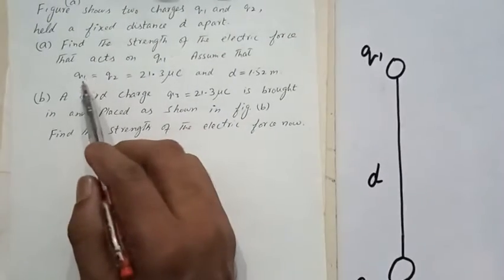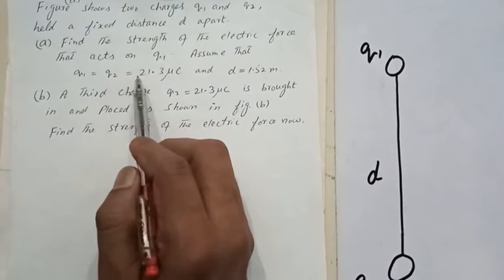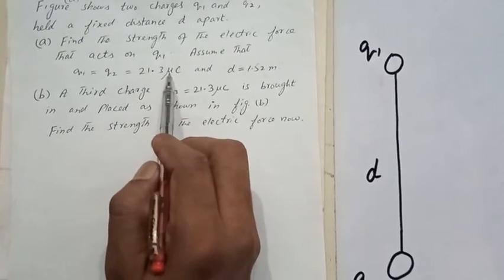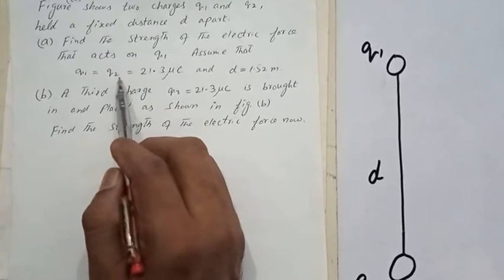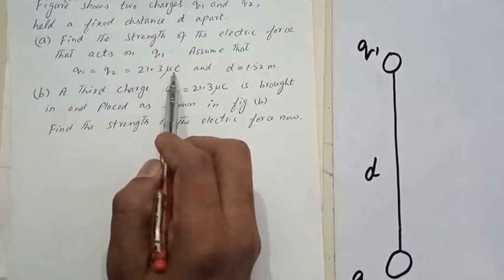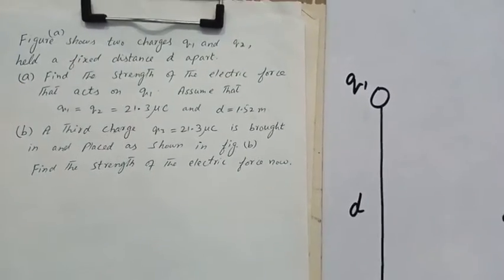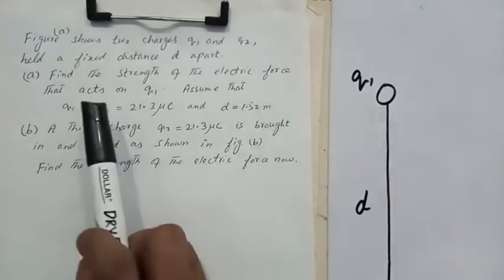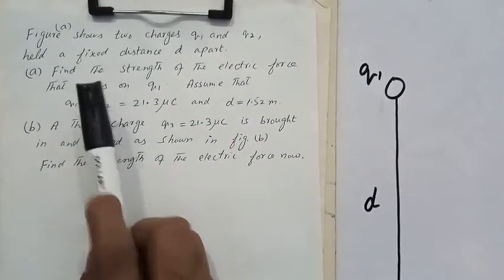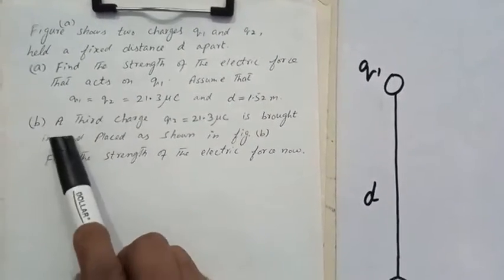The value of charge Q1 is given as 21.3 microcoulombs and Q2 is also 21.3 microcoulombs. First I calculate the first part of this numerical, then I shall solve the second part.